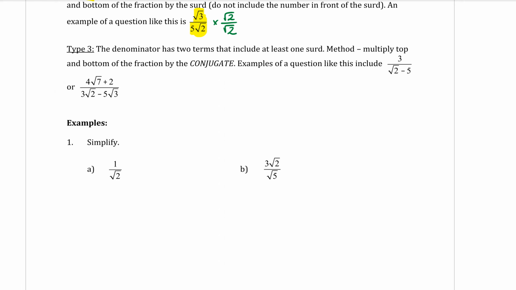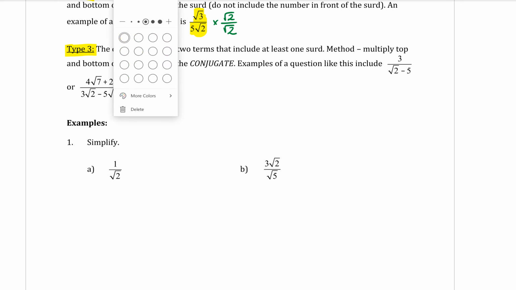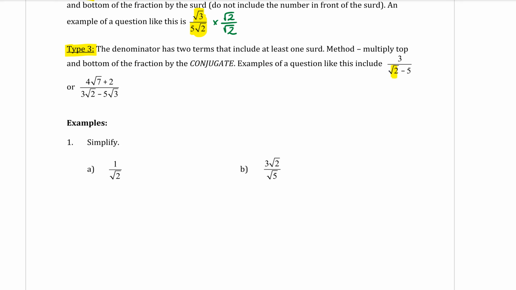The third type of question, which is the longest one, is when the denominator has two terms in it. Okay, so you can see this example down here. We've got root 2 minus 5. There are two terms on the bottom there. When this happens, we multiply the top and the bottom by the conjugate.